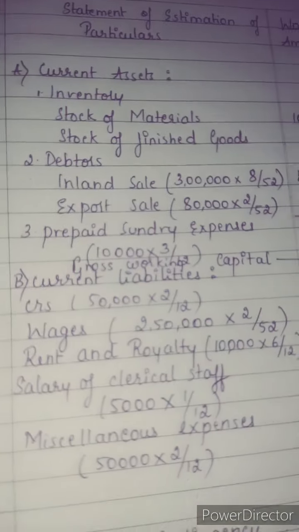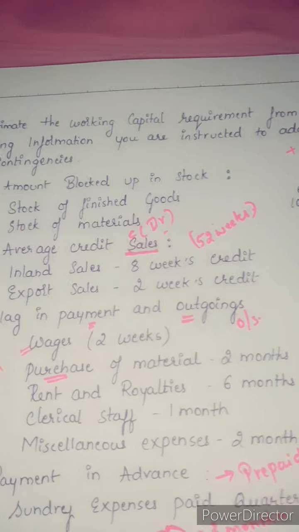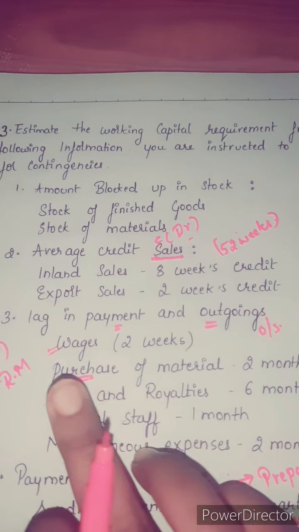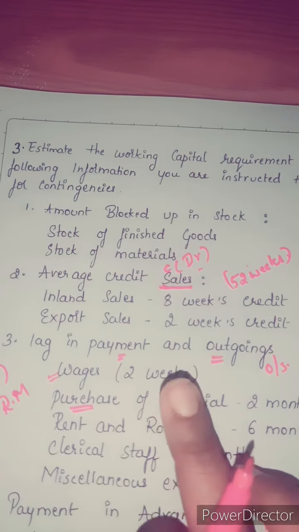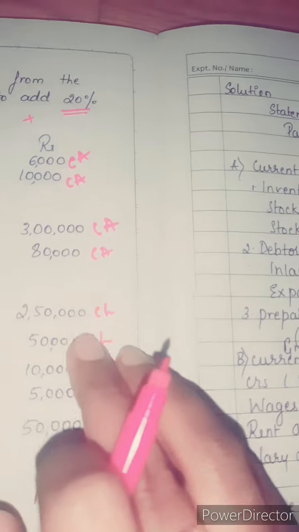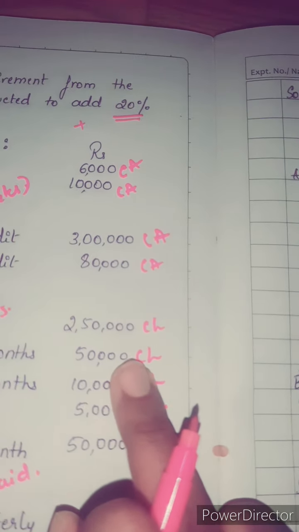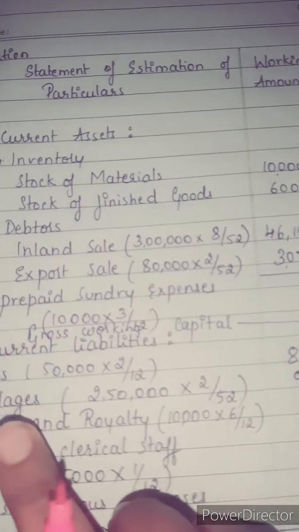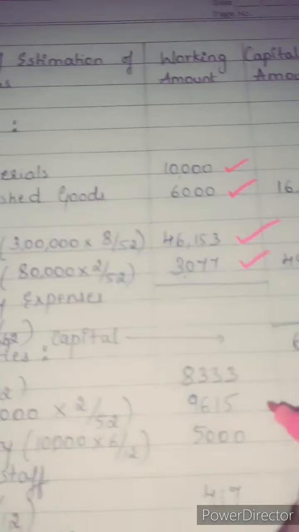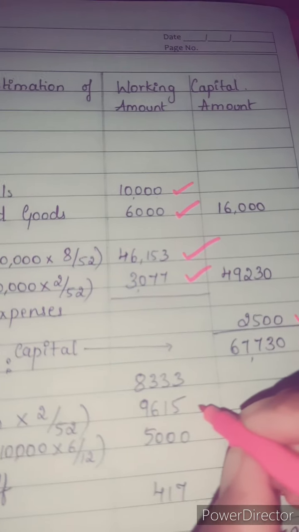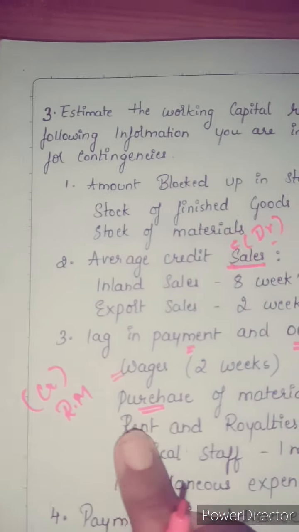Next, coming to current liabilities, we'll see one by one. Wages for 2 weeks. As it is given in weeks, divided by 52: wages 2,50,000 into 2 divided by 52, that is equal to 9,615. Next, purchase of raw material.